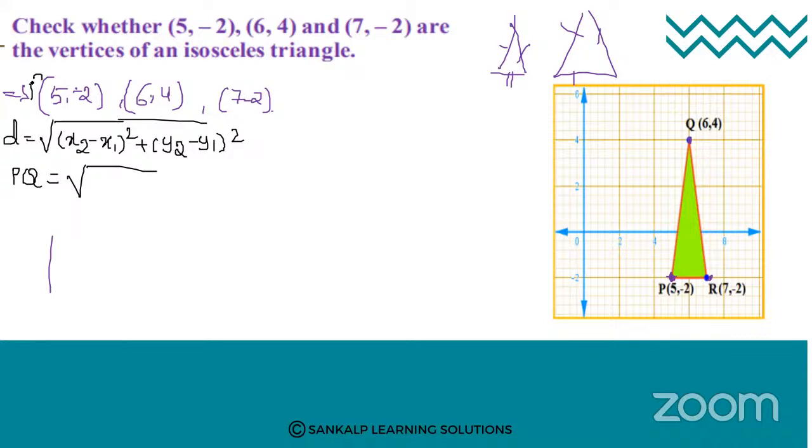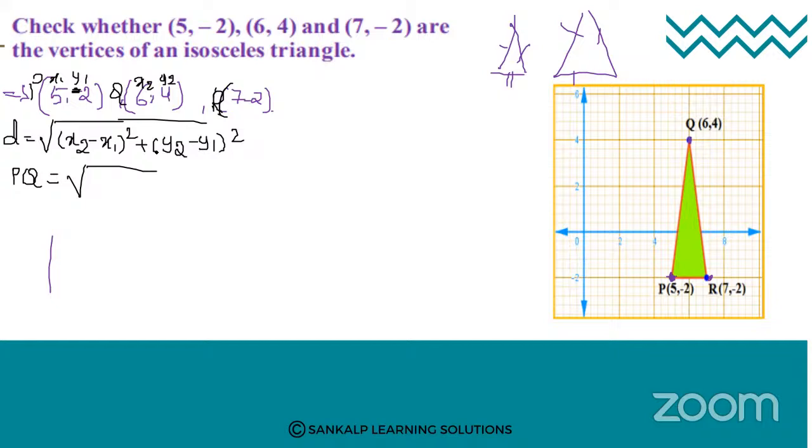Call this P, this is Q, this is R. These are the coordinates of P, Q, R. When you consider P and Q, this is x1, y1, this is x2, y2.